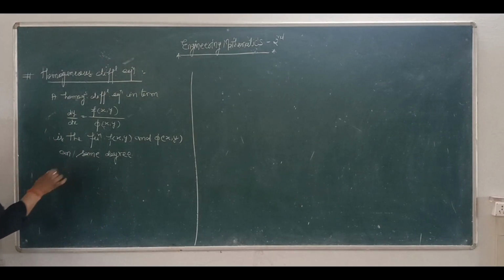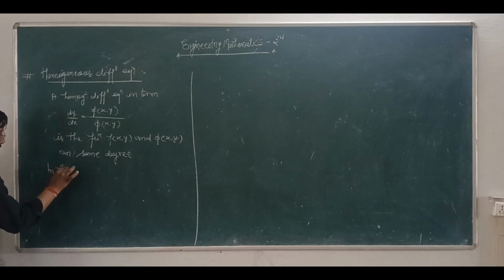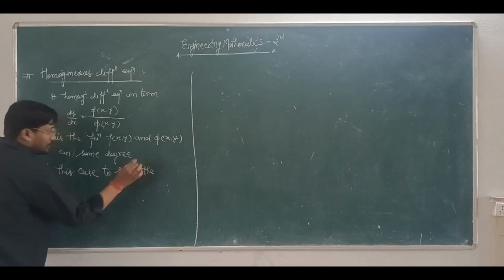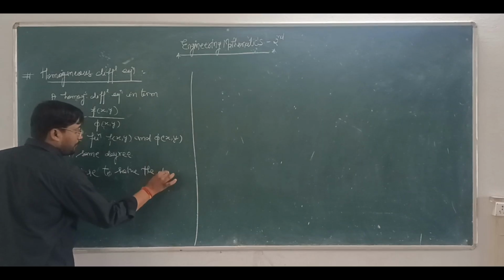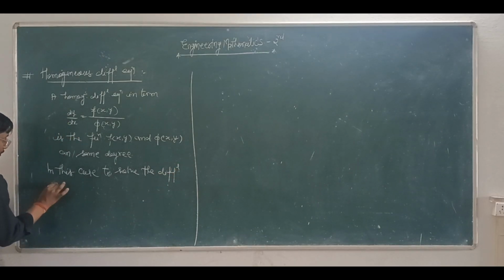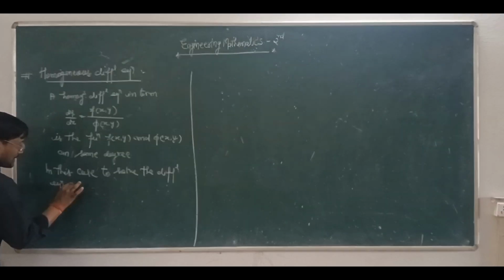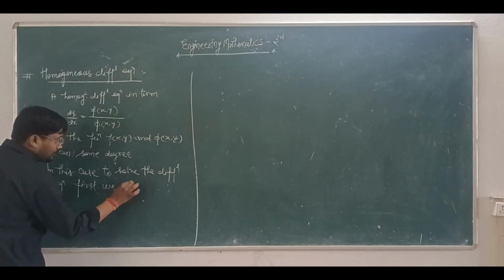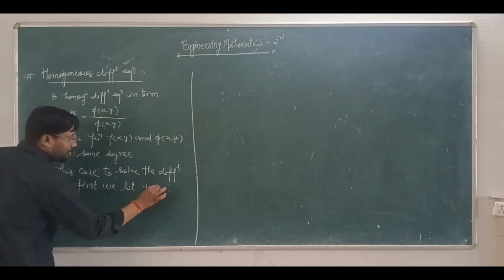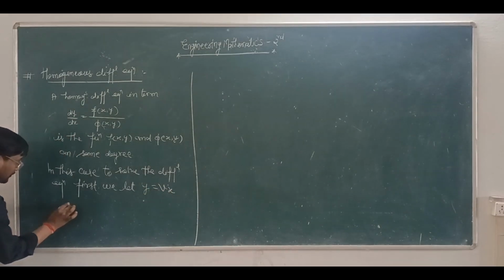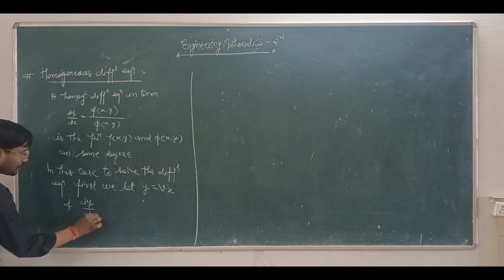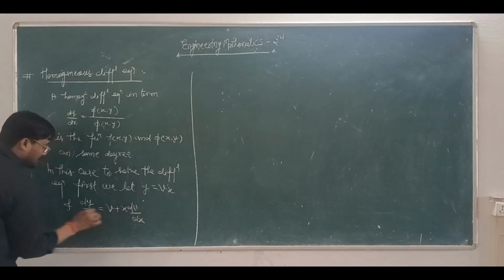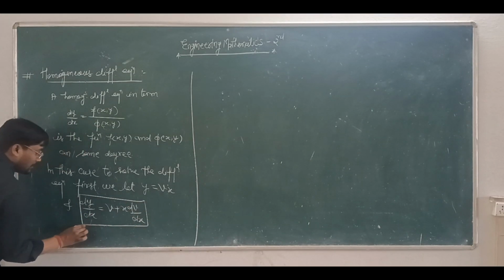In this case, to solve the differential equation, first we let y equal to vx, and dy by dx is equal to v plus x dv upon dx.